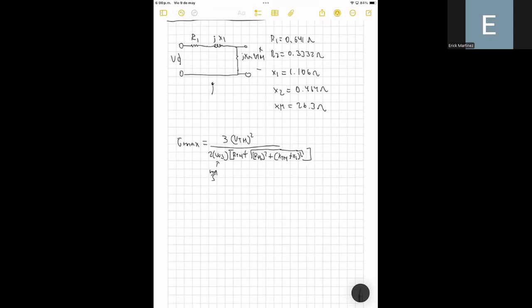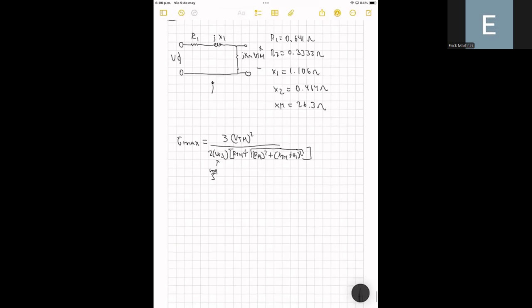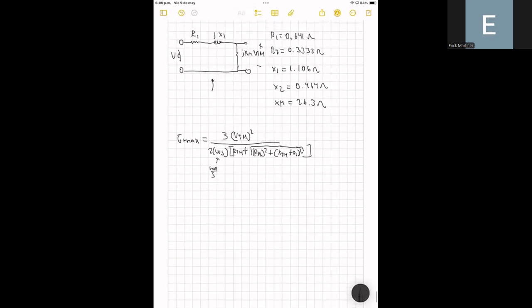So in order to do that, let me go back to my tablet, and I will take this circuit and place the elements. Here we have the voltage source, but what we can do first is to assume that the voltage source is off. So I can draw a cable, and then write here R1, that is 0.641 ohms.